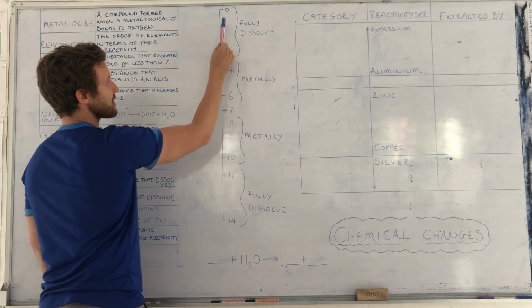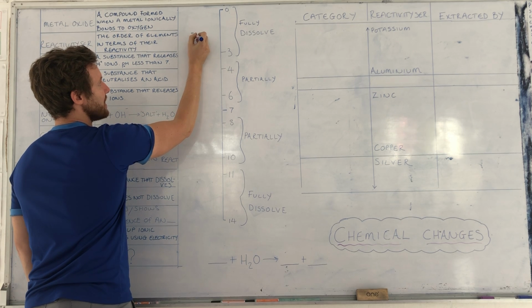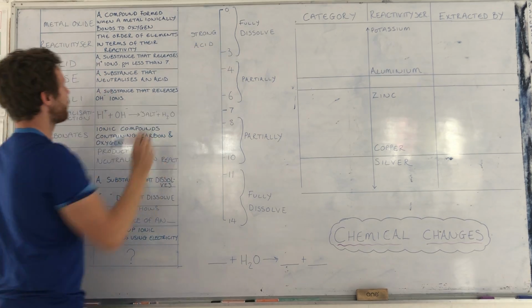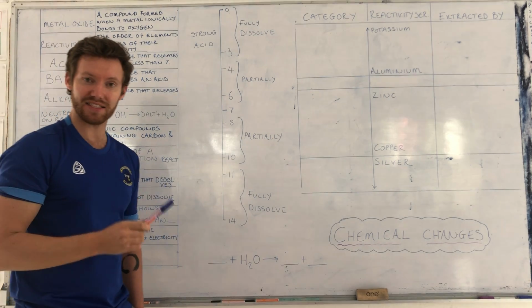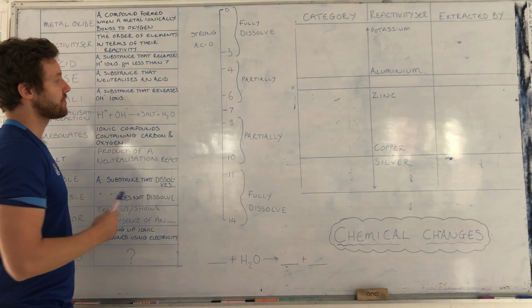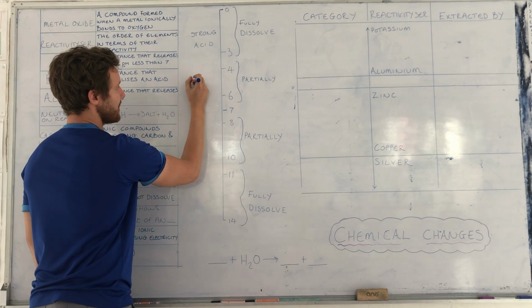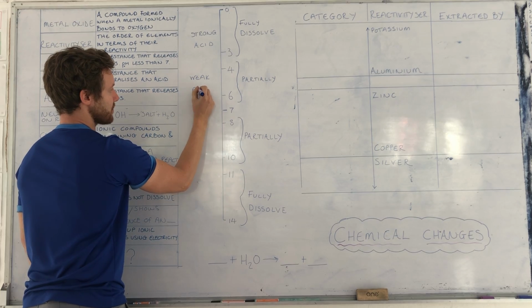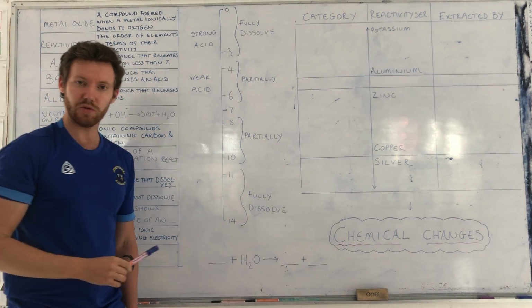So a substance that has a pH between 0 and 3 is a strong acid. And what we can do now, we can refer back to our definitions here to actually state what an acid actually is. A solution with a pH between 4 and 6 is a weak acid. pH 7 is a neutral solution.